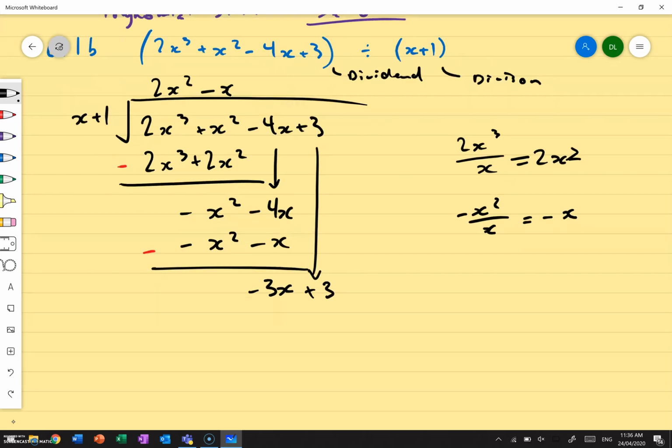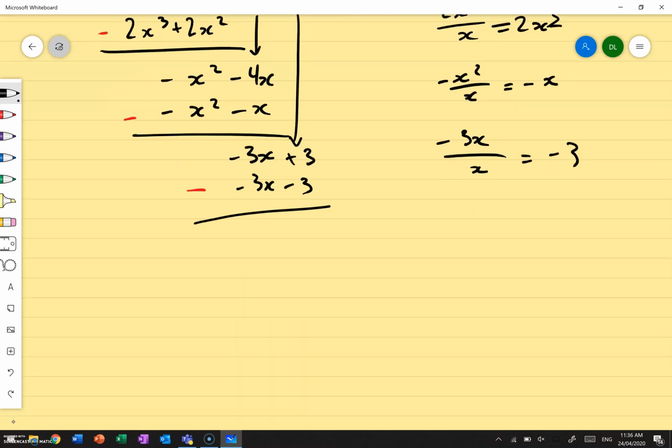I do it again. So I say, well, what do I have to multiply x by to get to negative 3x? Or in other words, what's negative 3x divided by x? That's negative 3, minus 3 here. So negative 3 times x gives me negative 3x. Positive 1 times negative 3 gives me negative 3. Once again, I take them away.